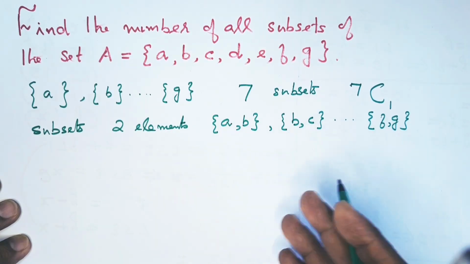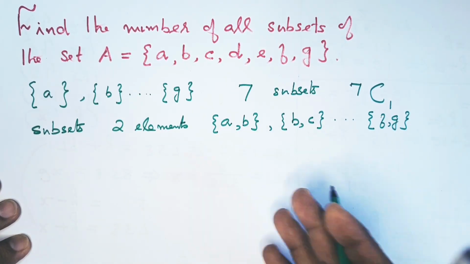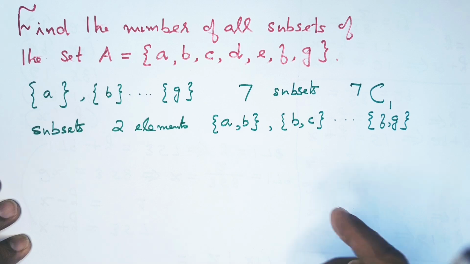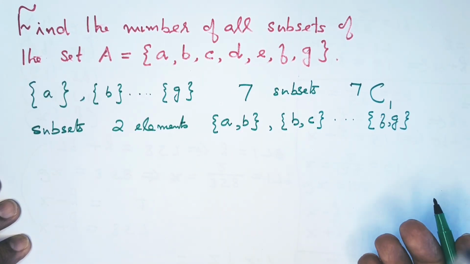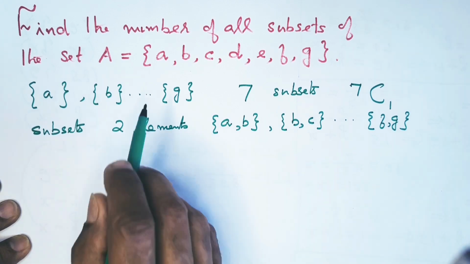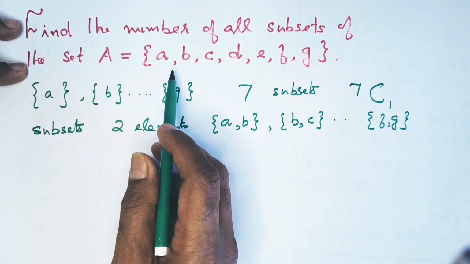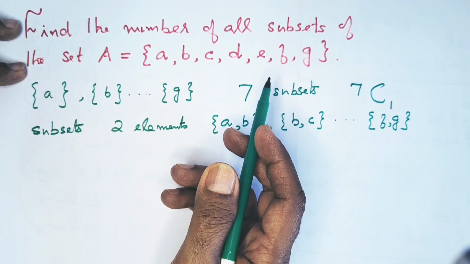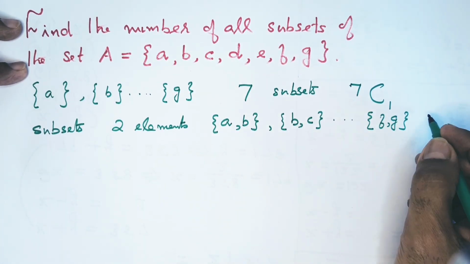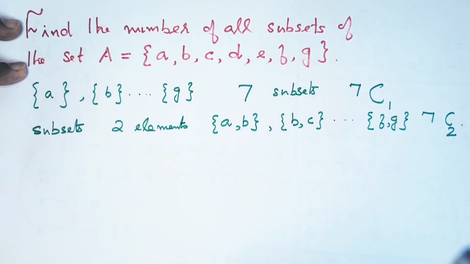It's not practically possible to list out all the subsets containing 2 elements and then count them. There is a simple result from combination which will be helpful to us. See, basically this is about finding the number of combinations of 2 items out of 7 items, which is given by the formula 7C2. So 7C2 will represent the number of subsets containing 2 elements.